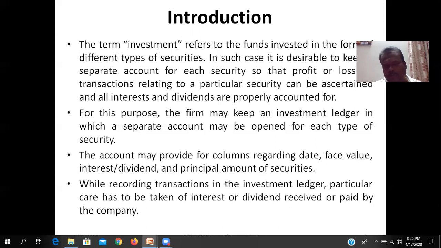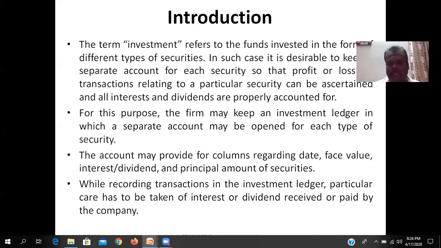This account may provide columns regarding the date, face value, interest or dividend, and principal amount of securities. That means to open the investment account, you can imagine a ledger, but this investment account will have two sides, the debit and credit. Generally for all ledgers, the date and description are common.